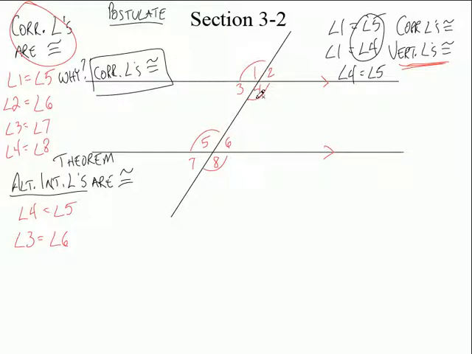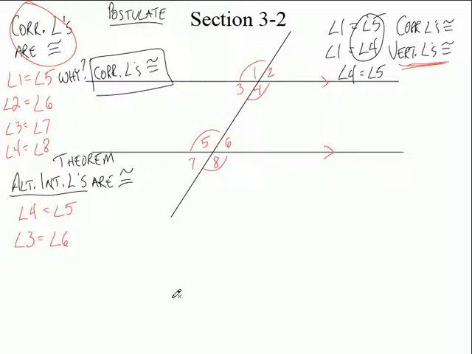Vertical angles are congruent. 4 equals 8. Give me a reason. Because vertical angles. Think before you talk. Say it, Rachel. Corresponding angles. That's right. So 1 equals 4, 4 equals 8. So therefore, by substitution, or by a thing called the transitive property that was in chapter 2, we'll talk about that a little bit later, 1 equals 8.